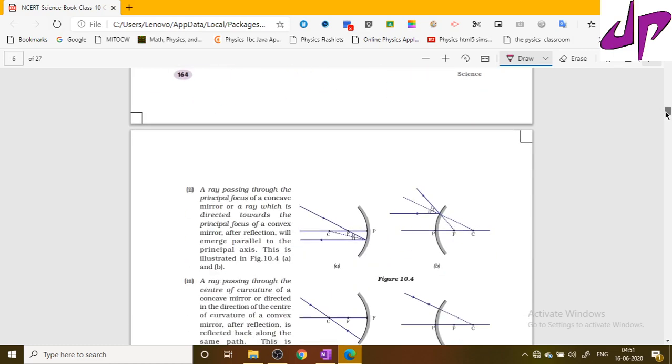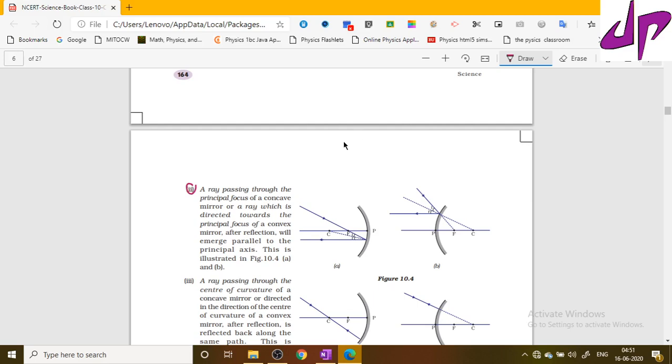The second one: a ray passing through the principal focus of a concave mirror, after reflection, will be parallel to the principal axis. So it is the opposite of the above case. I am only discussing the concave mirror for the time being.